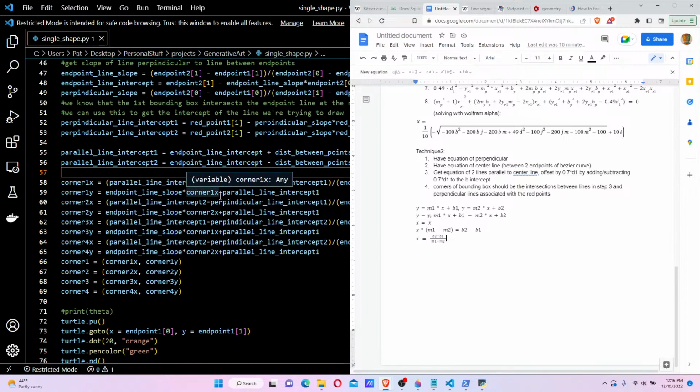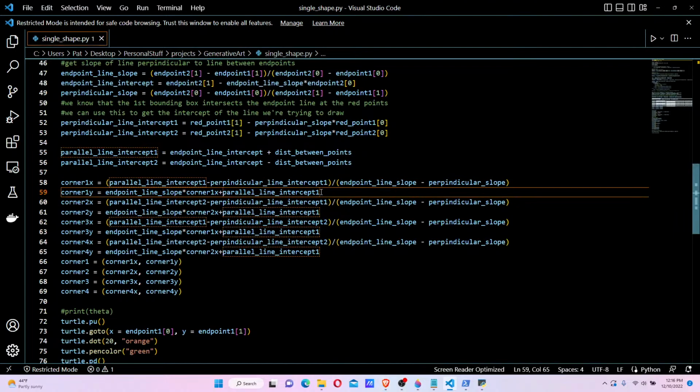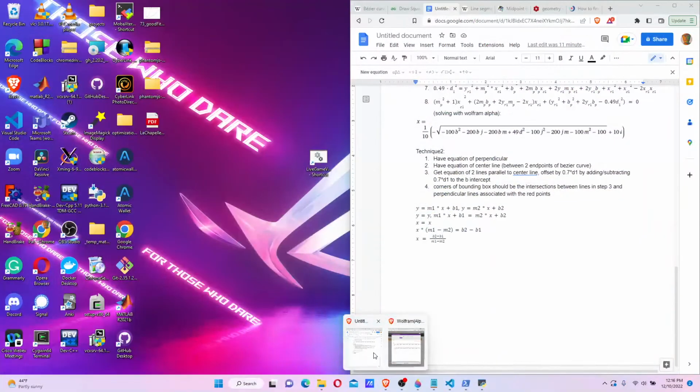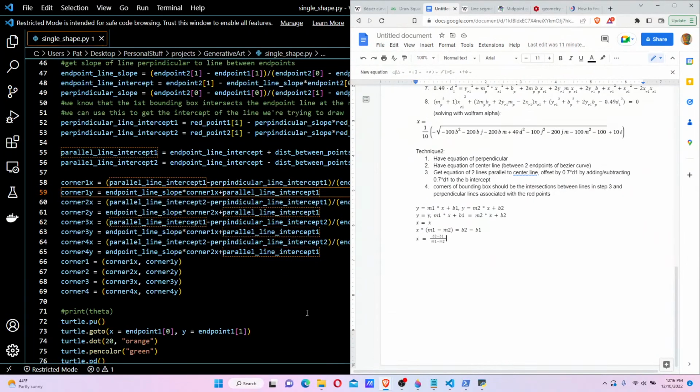So b2 minus b1, so perpendicular line intercept 1 minus parallel line intercept 1.